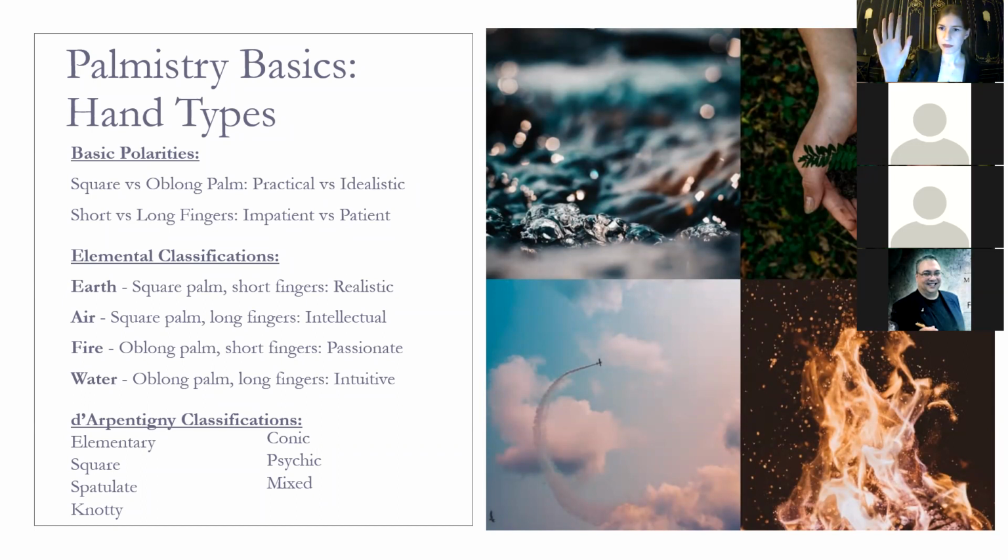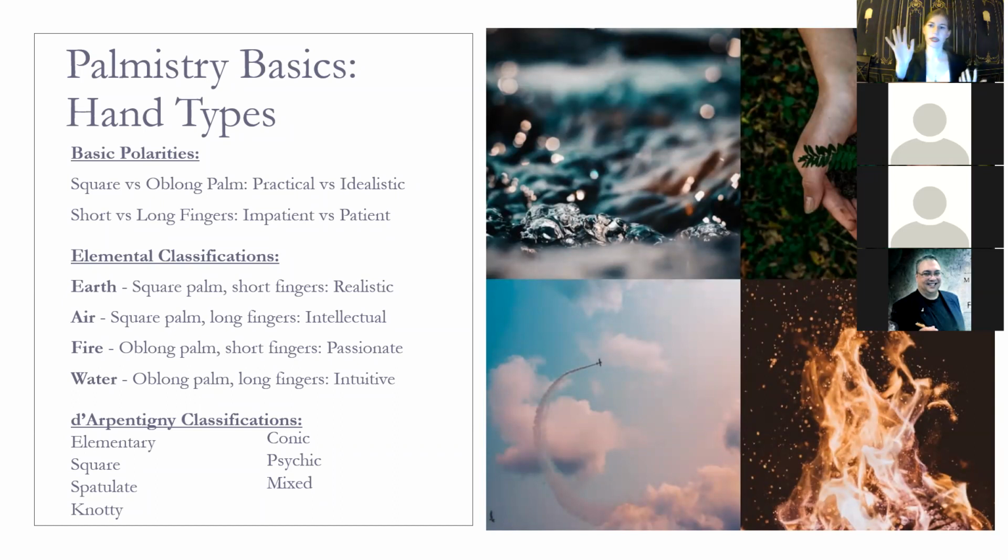So this might be a good time to go over the elemental classifications. These are the most common classifications. I think they're pretty fun too. People generally enjoy them. I believe my palm is a water shape. My palm is more oblong than square, and I have longer fingers as I measured by rolling them over my hand.